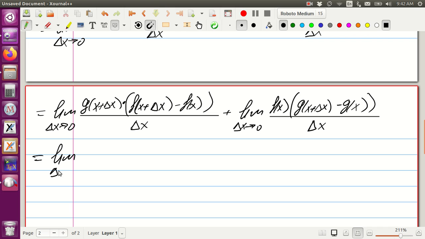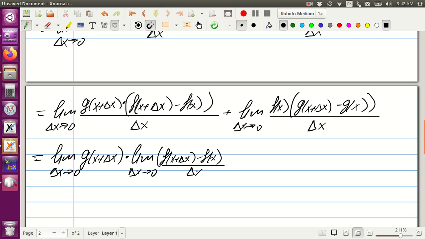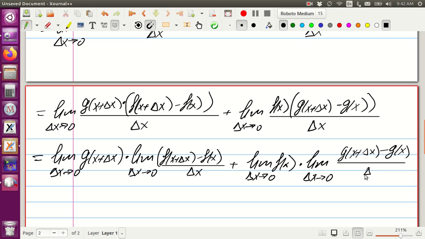So I'll have the limit as delta x goes to 0 of g of x plus delta x times the limit as delta x goes to 0 of f of x plus delta x minus f of x divided by delta x, plus the limit as delta x goes to 0 of f of x times the limit as delta x goes to 0 of g of x plus delta x minus g of x over delta x.